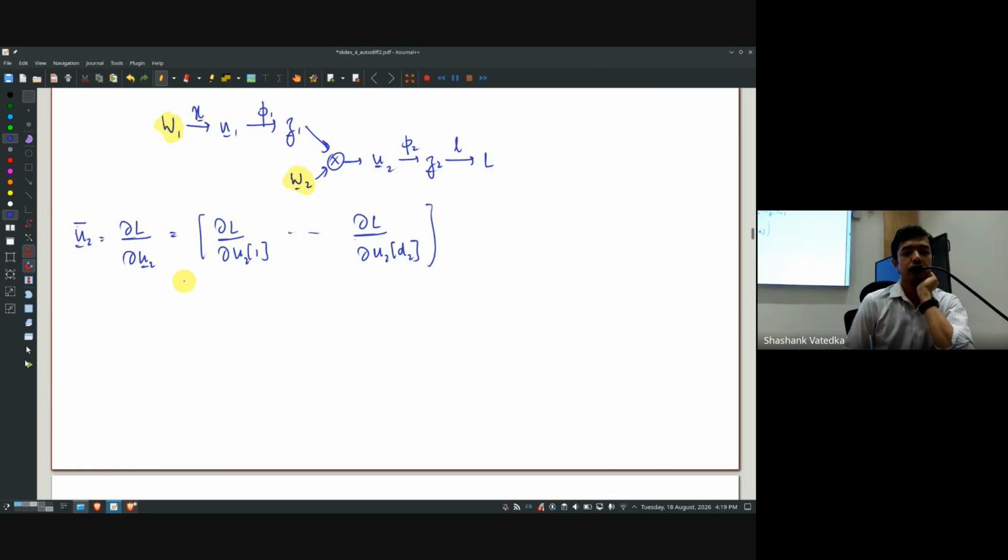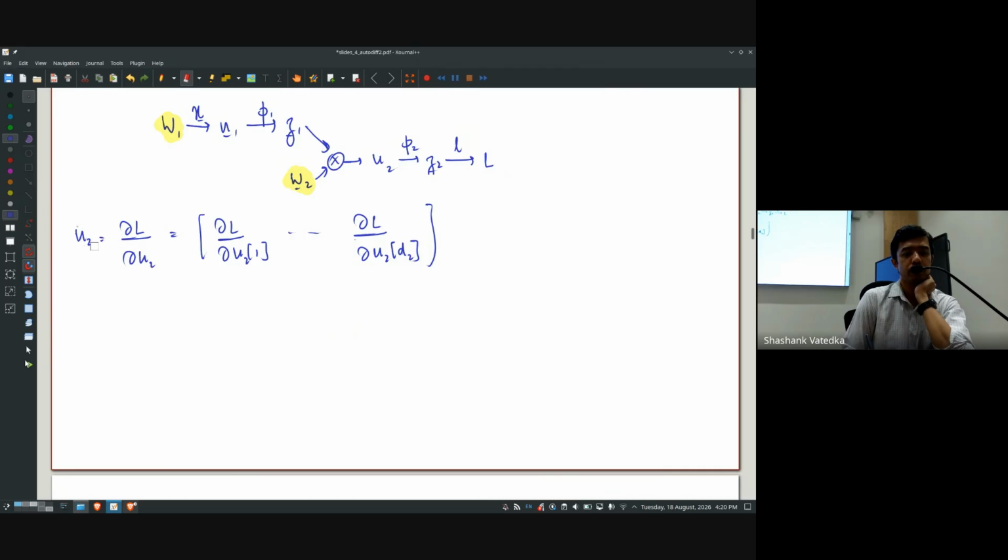I'm sorry, in this particular case, U2 is just a single variable, so I don't need the vector representation. But in general, whenever I say partial derivative of some function with respect to a vector, it will essentially mean this vector of partial derivatives. Okay.